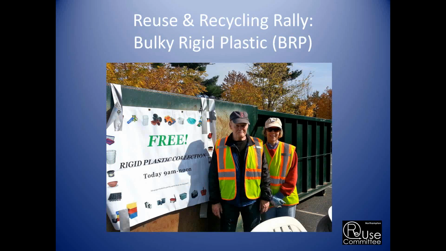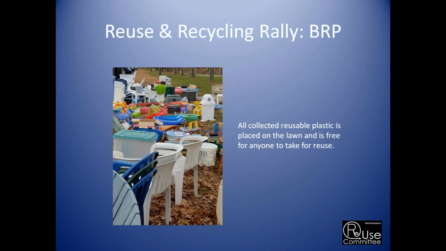So what we do is a swap. We do a bulky rigid plastic swap first, and whatever isn't taken by the public, we then recycle. There's a whole bunch of really great stuff that comes in, and whatever is not broken or badly stained, we put out on the lawn, and people are welcome to come and take it for free before it gets recycled.